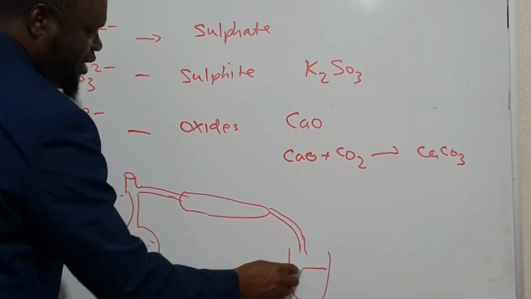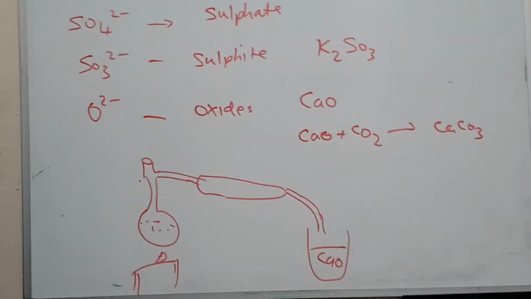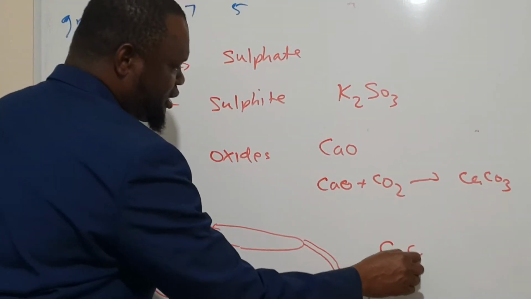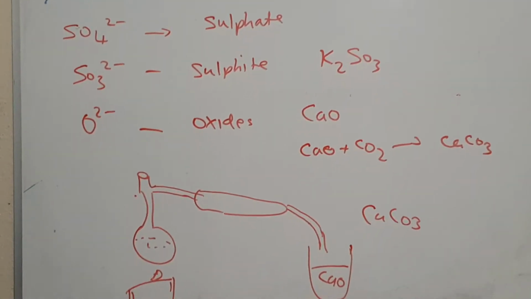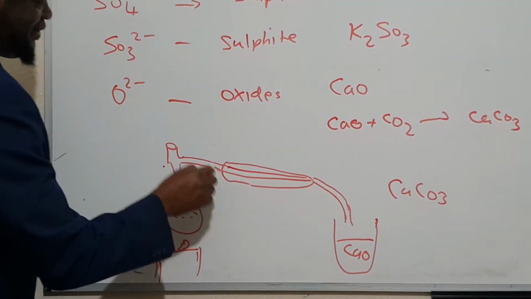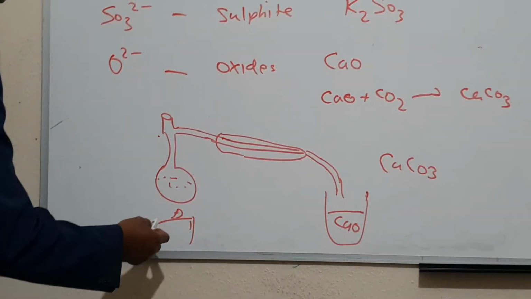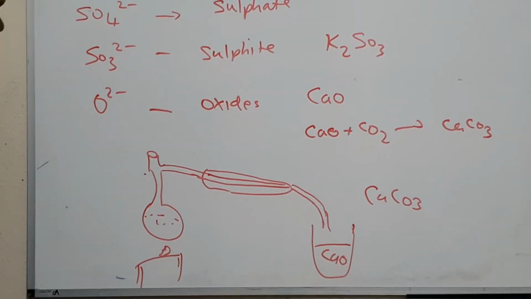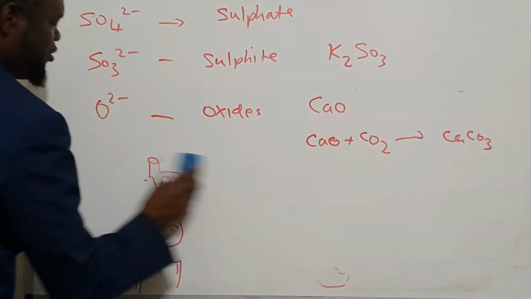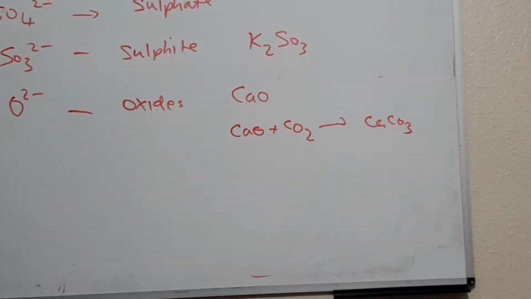It goes to where calcium oxide is. There will be a white precipitate, and the white precipitate is calcium carbonate. The gas will go out, and you pass it through lime water. This is one of the tests in the laboratory for carbon dioxide.